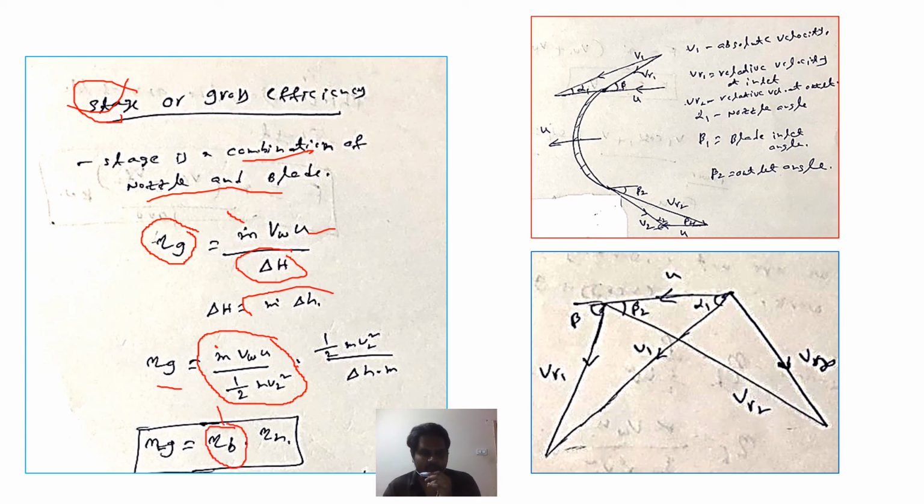This we already derived in the previous slide. And if you remember, efficiency of the nozzle is half mv square divided by delta H into m. This is the efficiency of the nozzle. So gross efficiency equals efficiency of the blade into efficiency of the nozzle. So the gross efficiency is always less than the efficiency of the blade.